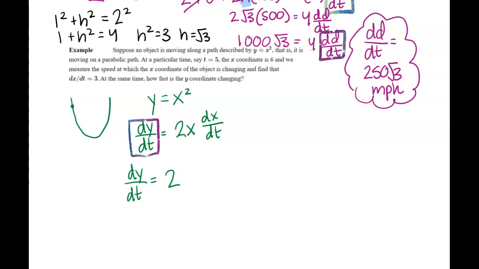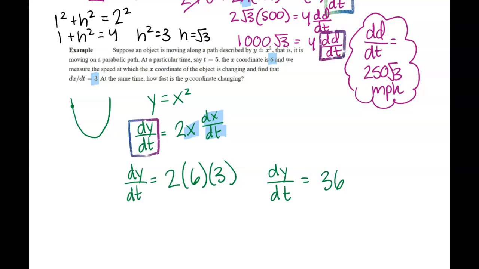We don't have any way to evaluate for t, but we know the x-coordinate was 6. So we have 2 times 6. And then dx/dt, the speed at which the x-coordinate is changing, that was 3. So dy/dt equals 2 times 6 times 3, which is 12 times 3, which is 36. And we don't have any units for this one, and that's totally fine.